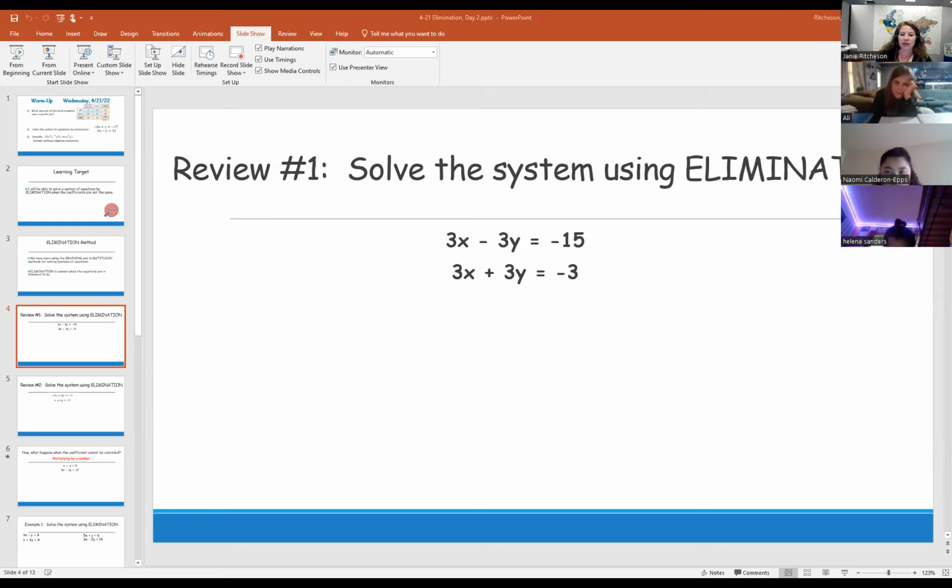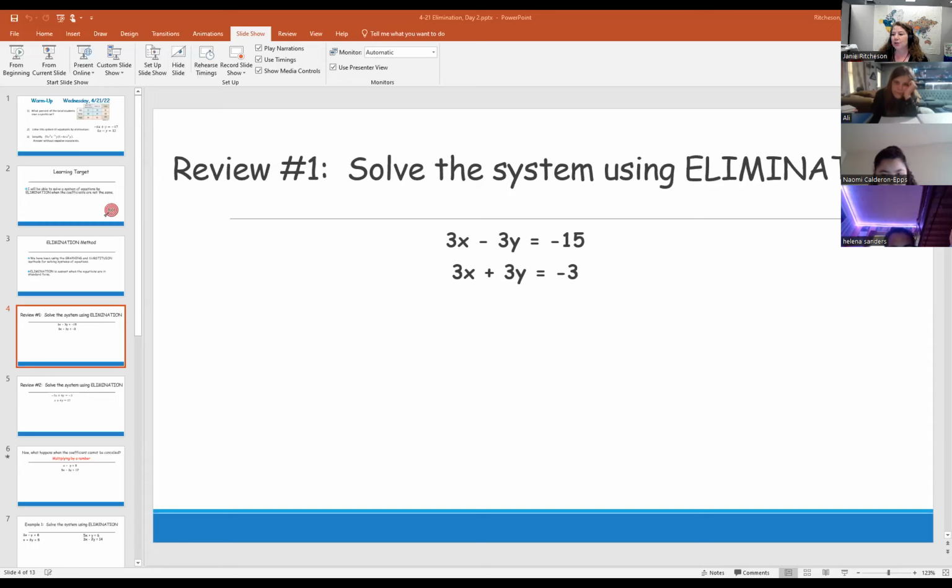Now if you'll notice this equation, the way it's written, the x's are going to eliminate because there's a positive x and a negative x. You see that? They're both written in standard form. Helena, I told them earlier that when your equations are both written in standard form, elimination is the best way to solve a system of equations.